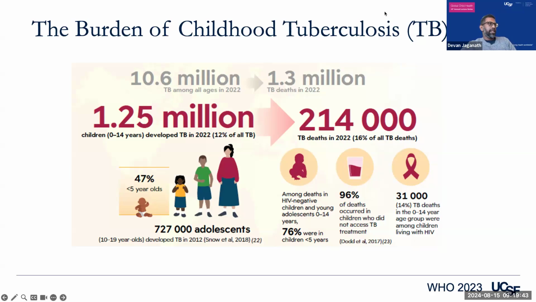But if we look at mortality, even though they represent 12% of the total burden, about 200,000, or 16%, of the deaths are children. So you can see there's a disparity where they have a disproportionate burden of the mortality from TB.